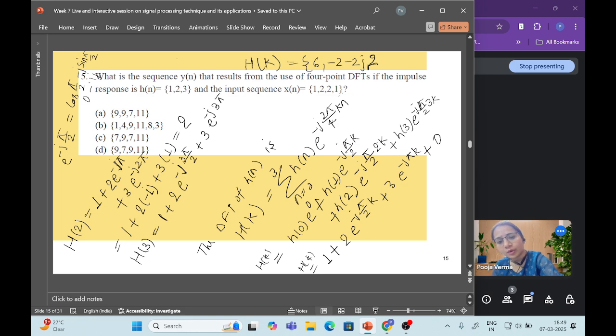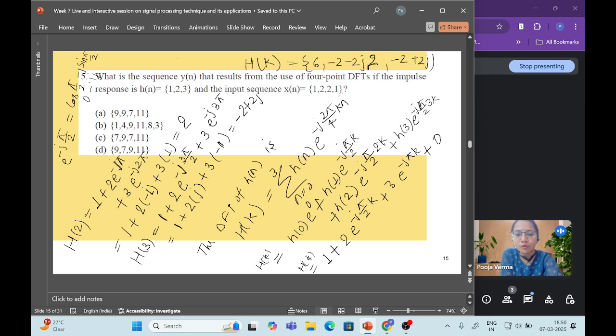Now if you go further you will find out the value, so you will get 1 plus j, the value is this, plus 3, the e to the power minus 3 j pi is minus 1. So from here you will get minus 2 plus 2j. Okay, minus 2 plus 2j. The fourth value is minus 2 plus 2j. So h of k we have got.